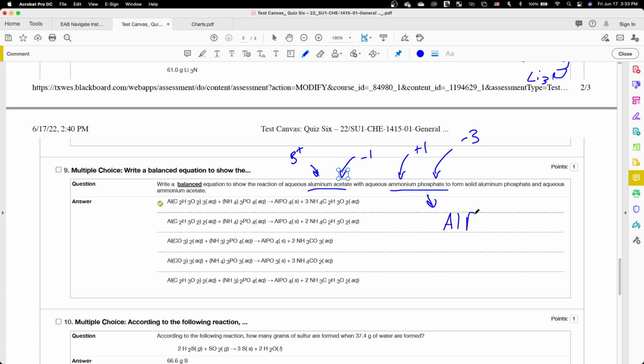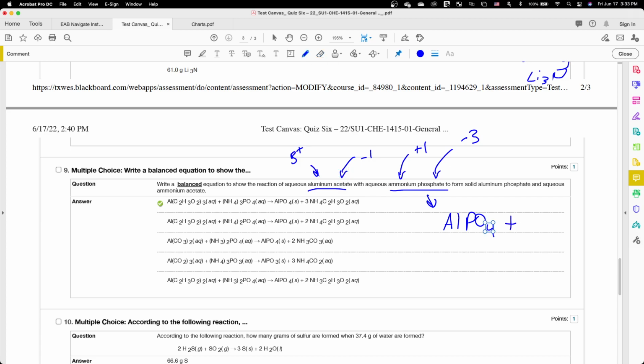aluminum phosphate, right? And oops, that's phosphite. Let me fix that. Okay.